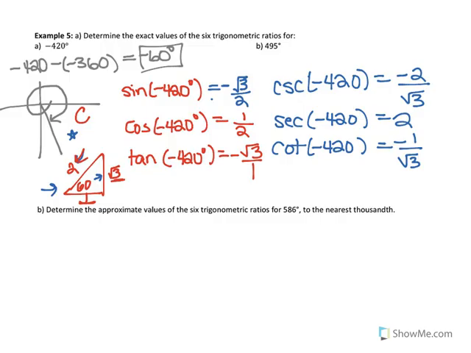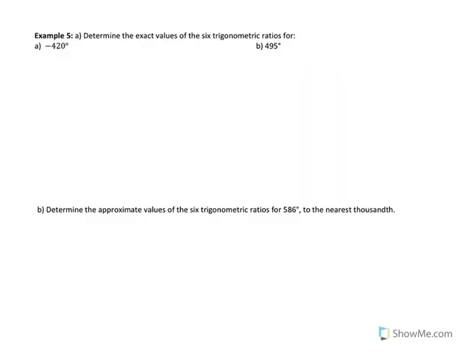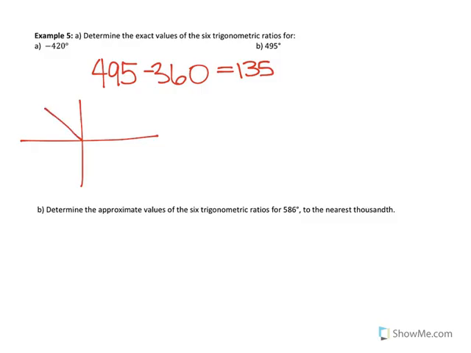It's the exact answer. So let's do 495 now. For 495, we're going to figure out our reference angle by subtracting 360, and what I'm left with is 135. So 135 is in quadrant 2, and it has a reference angle.